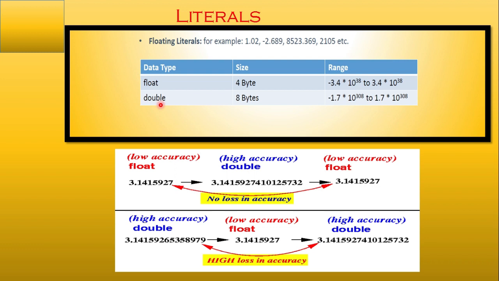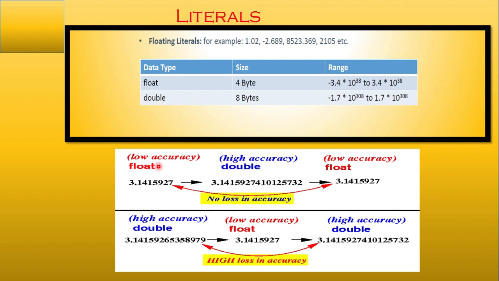Okay, there is a big difference between float and double. The difference is float uses 4 bytes and double uses 8 bytes. This is a pretty simple difference, but there is something very important to understand. We say this is a single precision number, this is a double precision number.